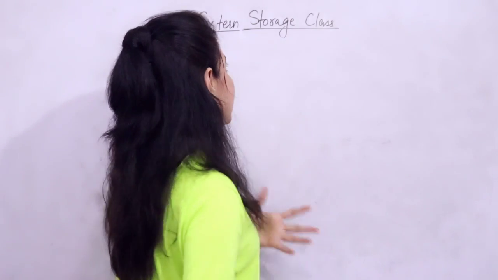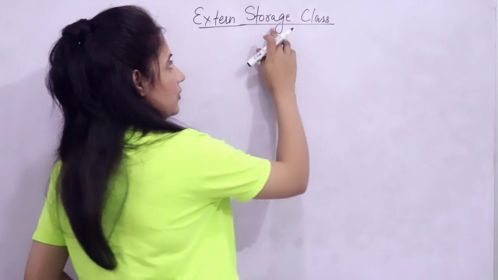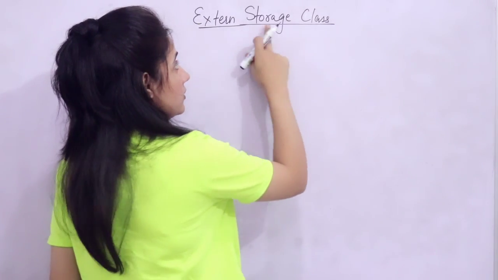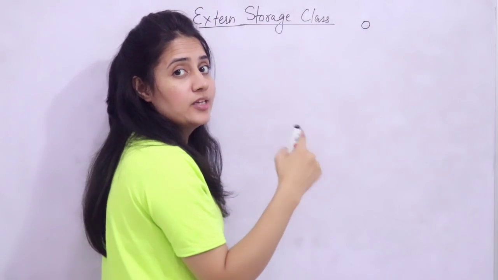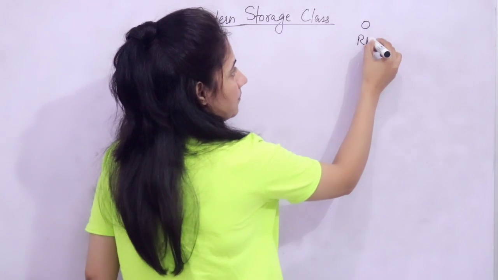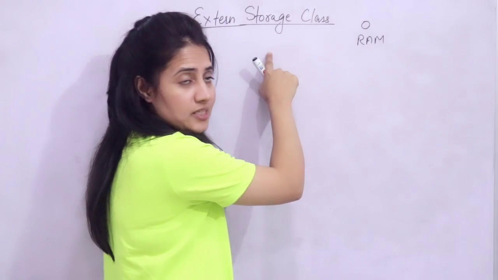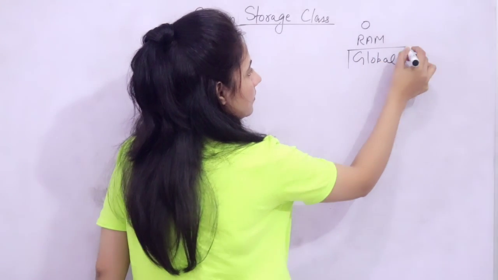Now, let us see what an extern storage class is. You remember, I guess, a storage class tells 4 things about the variable. The default value of this extern storage class would be 0. The location where that variable would be stored is RAM, or you can say memory. The scope is very important for this extern storage class, that is, scope would be global.